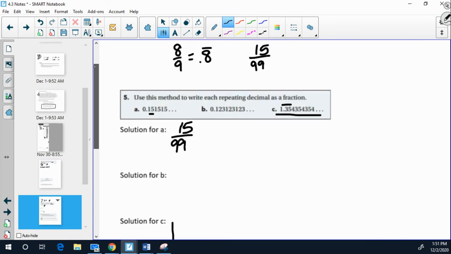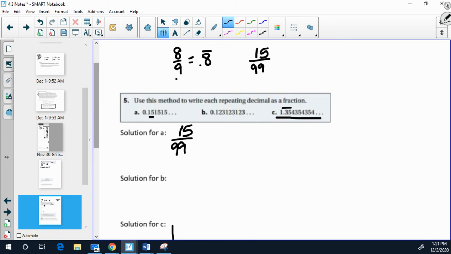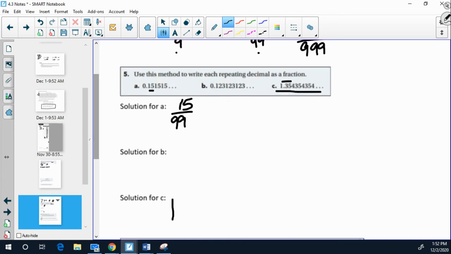If I have one number that repeats, I have it over 1 nine. If I have 2 numbers that repeat, it's over 2 nines. And if I have 3 numbers that repeat, then it's over 3 nines. So this would be 1 and 354 over 999. So now try B on your own, and I'll put up the answer in just a moment.